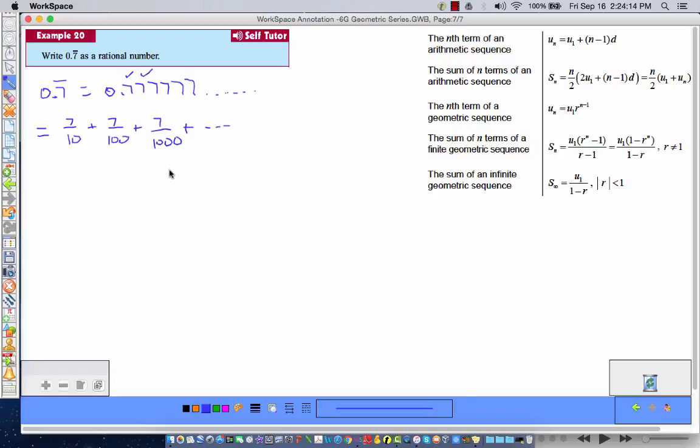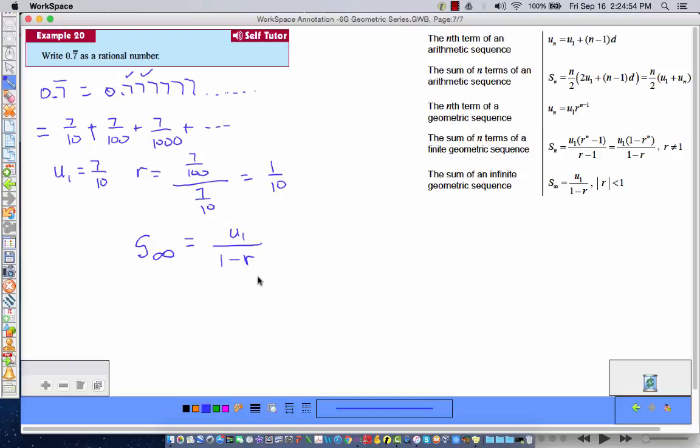Well, that's actually an infinite geometric series, where u sub 1, our first term, would be equal to 7/10, and our common ratio would be, just take any term, 7/100, compare it to the previous term, 7/10, and that is equal to 1/10. So the sum to infinity is equal to u sub 1 over 1 minus r.